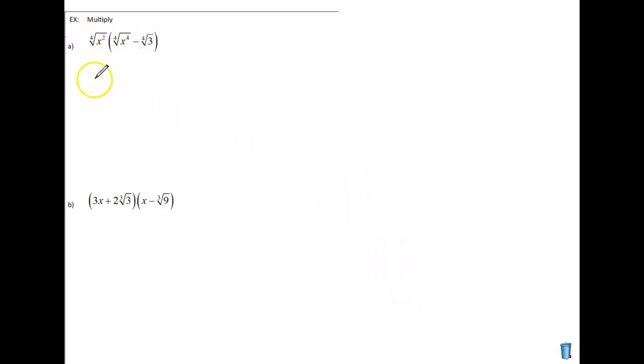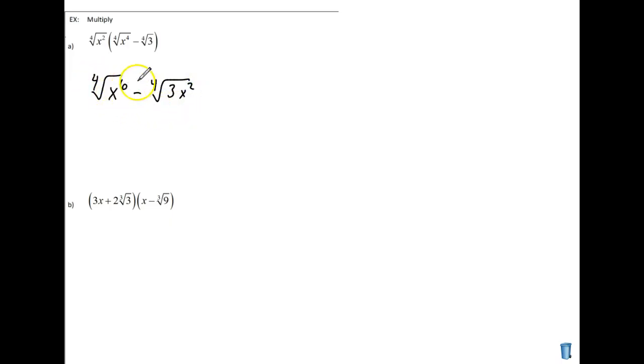Okay, I'm just distributing here, so this becomes the 4th root of x to the 6th minus the 4th root of 3x squared.